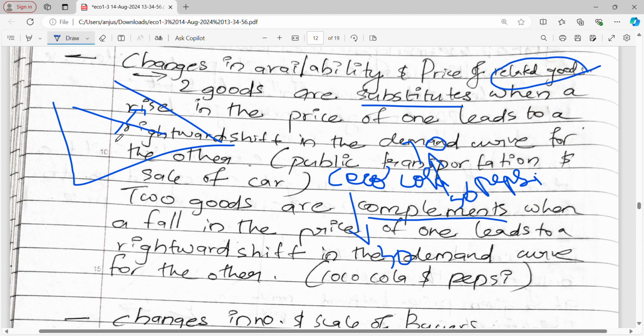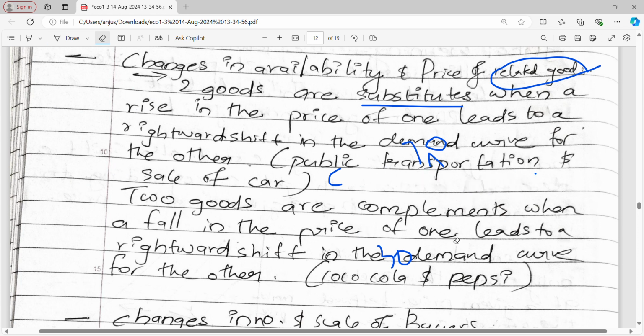Then Pepsi's demand curve will shift leftwards, as the quantity demanded for Pepsi is less. So that is how substitute goods work.